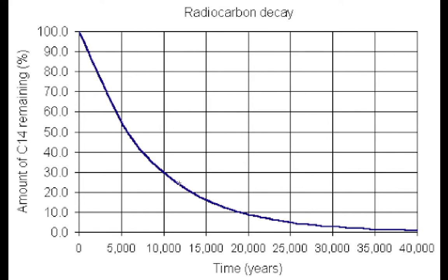If another half-life goes by, so we're at 25%, half of 25 is 12.5, we're all the way over here. So you'd add another 5,700 years on and so forth for every half-life that goes by.